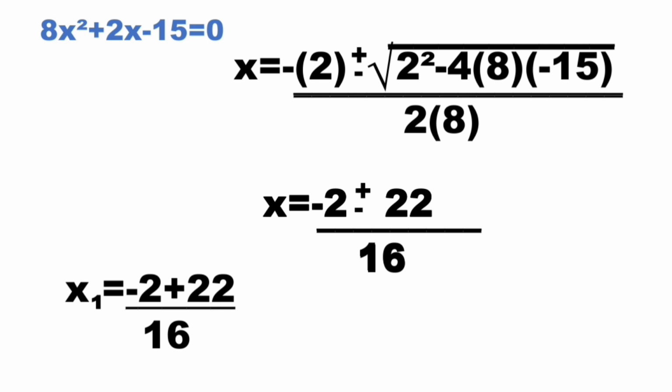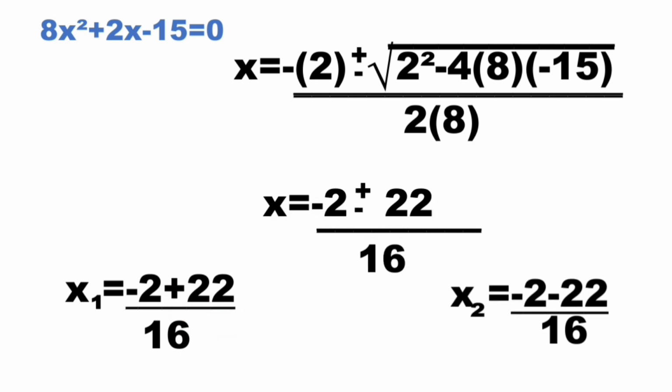This one is sub 1, the first value of x. X sub 1 equals negative 2 plus 22 over 16. And the other value of x is x sub 2 equals negative 2 minus 22 over 16. First, solving this one: negative 2 plus 22 is 20 over 16.